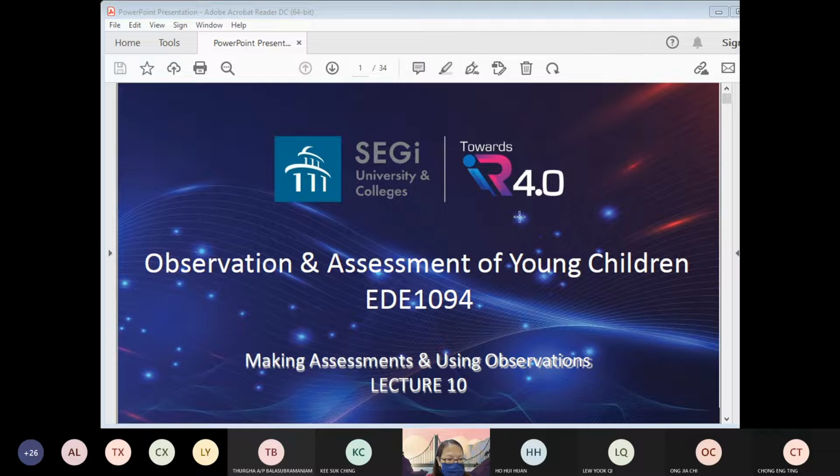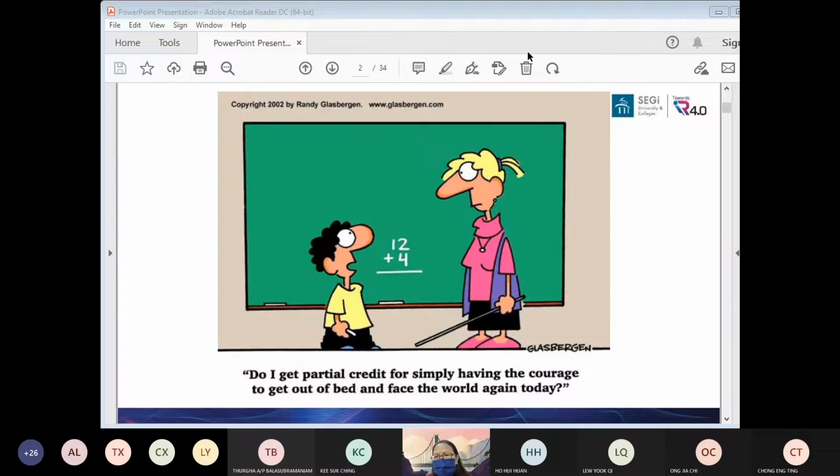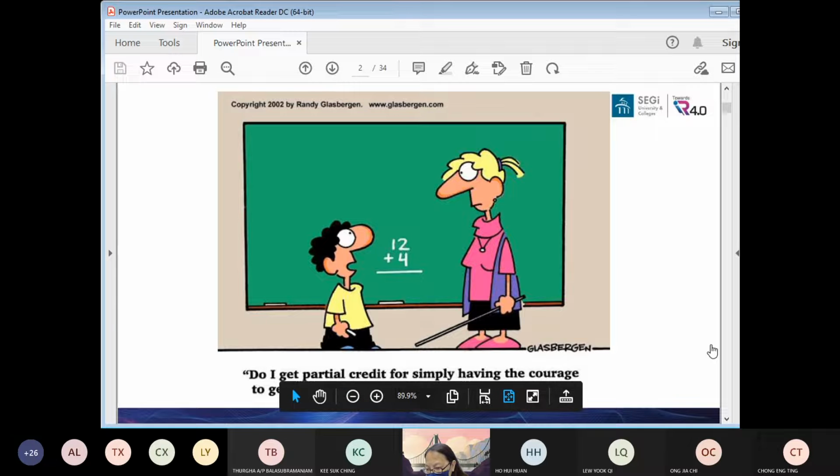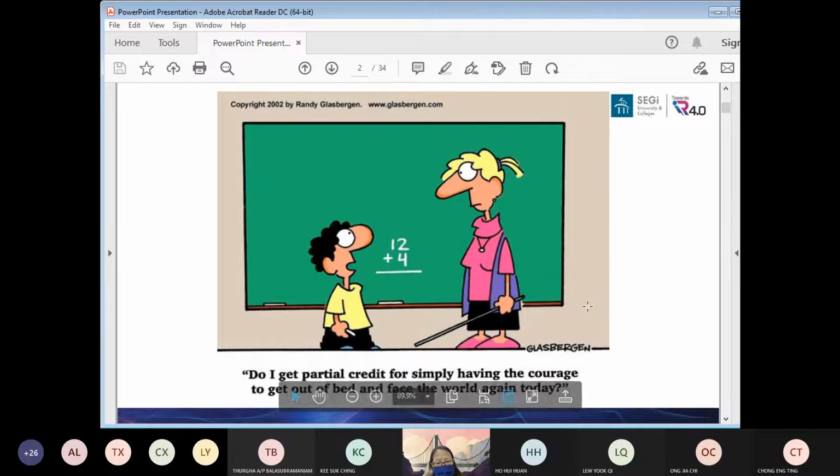You see, I'm still in front here. So if we look at this child, look at the child. Do I get partial credit for simply having the courage to get out of bed and face the world again today? Do you understand this scenario?